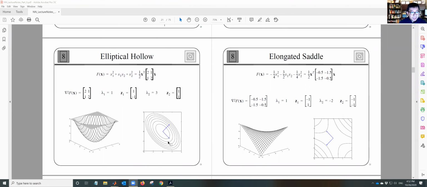Just tell me, is this lambda 2 or lambda 1? Muhammad, is this lambda 2 or lambda 1? Lambda 2. Oh, no, this is the eigenvector, but what I'm saying is along this eigenvector direction, what is your eigenvalue? Is it lambda 2 or lambda 1?